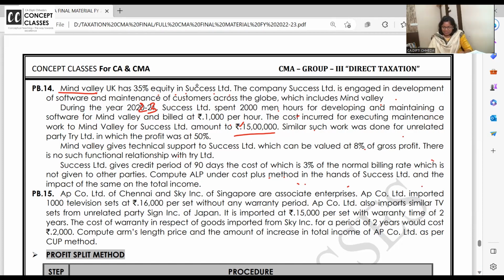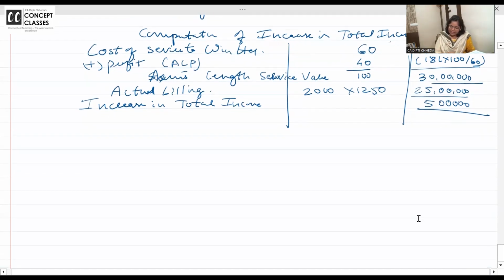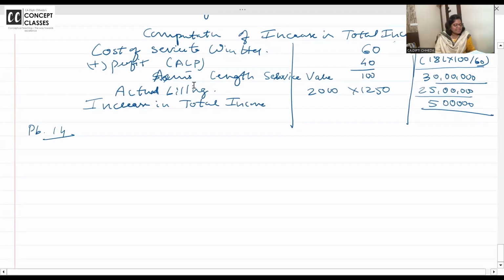Okay, 14th problem now I am doing and you are copying. No, we will do it together. You also do, we will also do. And I'm expecting some support from all of you for faster calculations. Same, cost plus method.